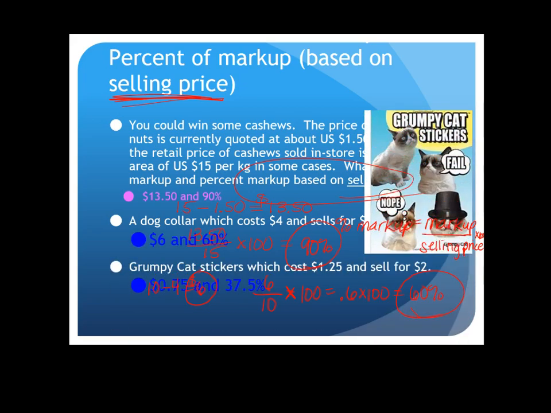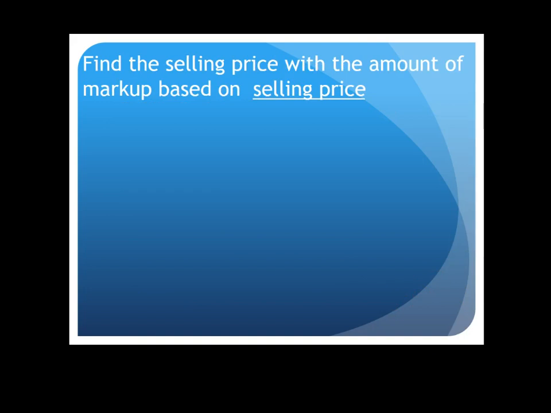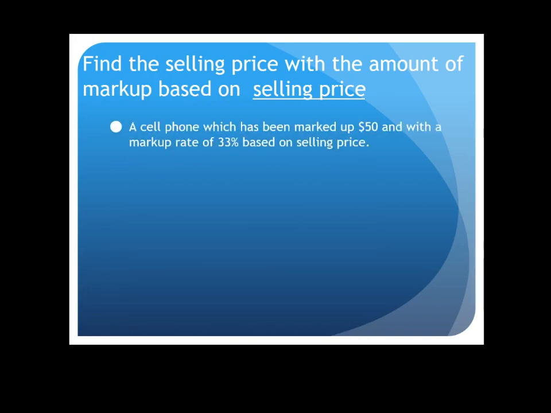On to another type. Find the selling price with the amount of markup based on selling price. I know that sounds like you're saying selling price a lot, but let's look at this problem. A cell phone which has been marked up $50 and it has a markup rate of 33% based on selling price. Okay, so let's go back to our original formula.